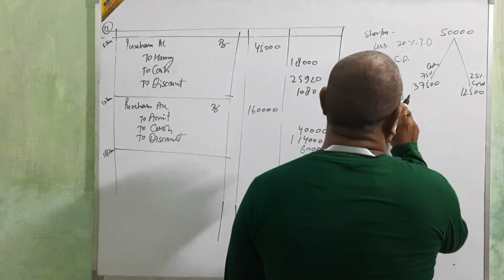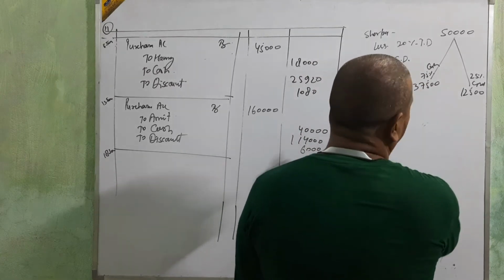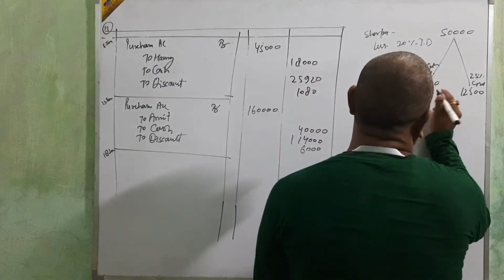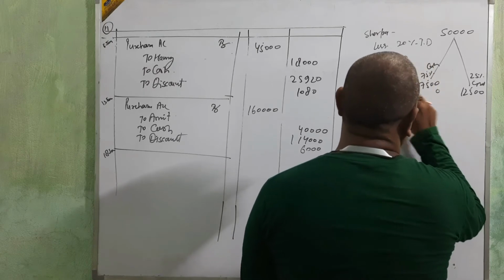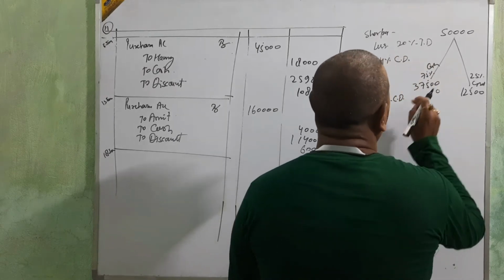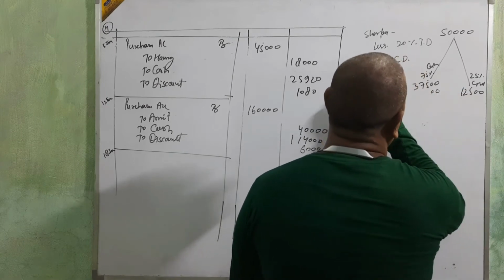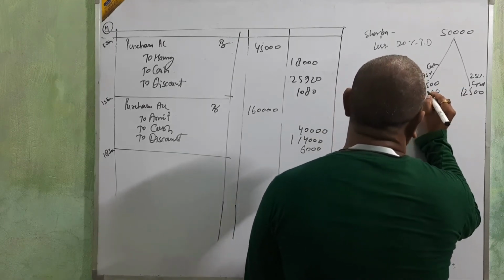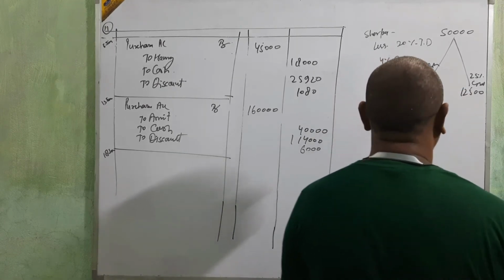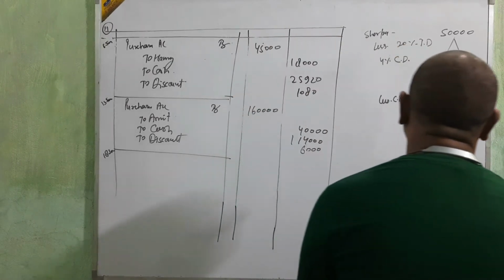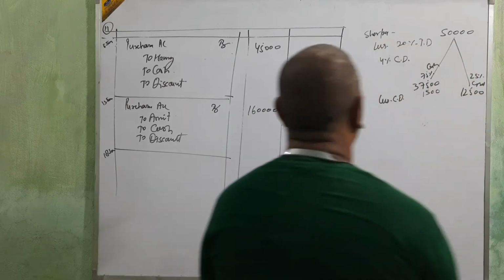Then less cash discount. Okay, and cash discount of 4% of this amount. Okay, beta, 4%. Cut both the zeros. Then 1500. 4%.